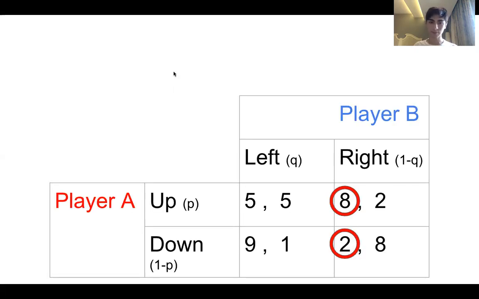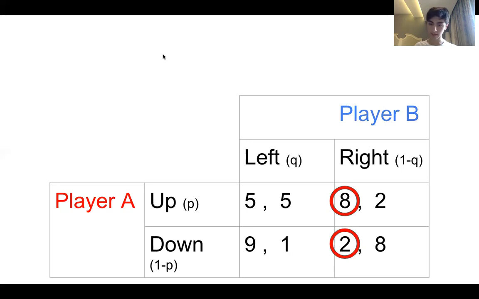Okay, so now we're going to look at the case that player B chooses right. So with probability P, player A is going to choose up. In that case, player A is going to get 8 payoff.